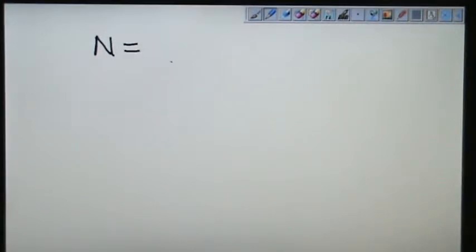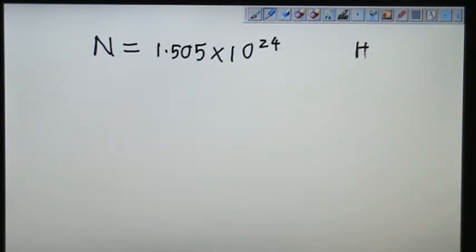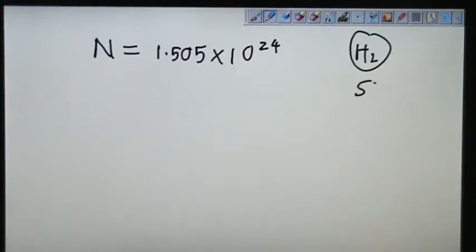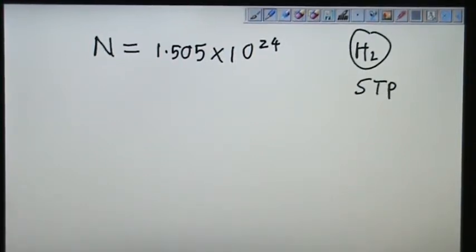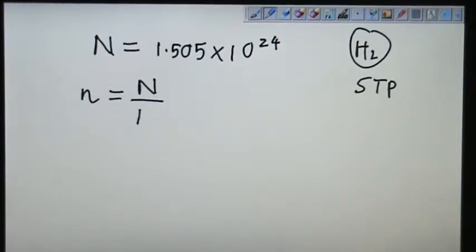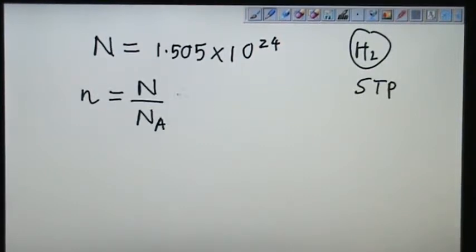What information is given? The number of molecules, 1.505 times 10 power of 24 molecules of hydrogen at STP. Can we find the number of mole first? Actual number over Avogadro's constant, actual over standard.